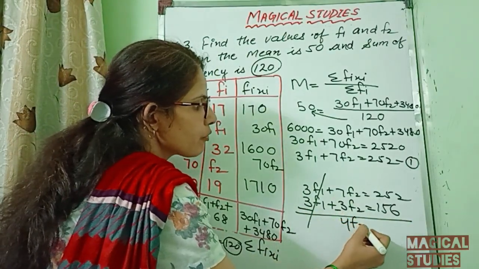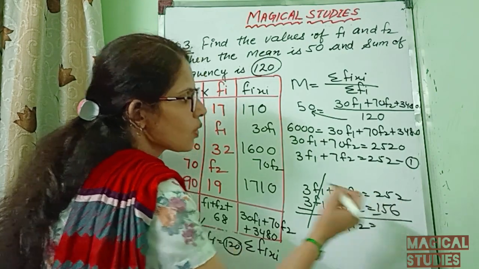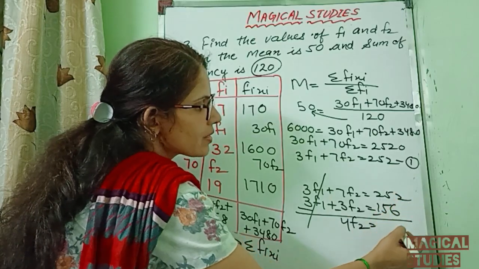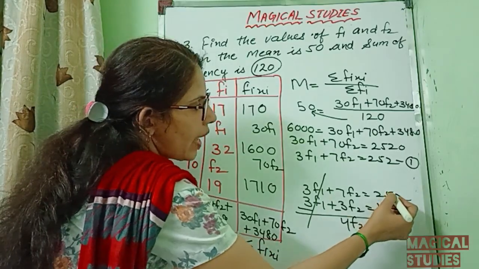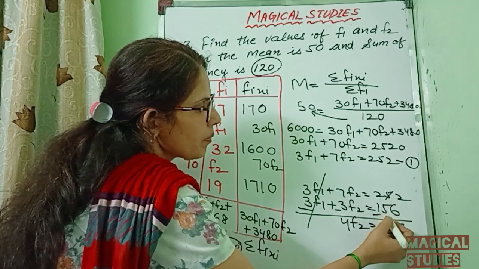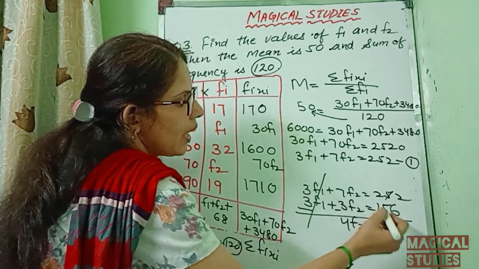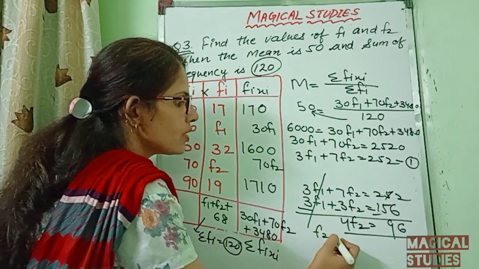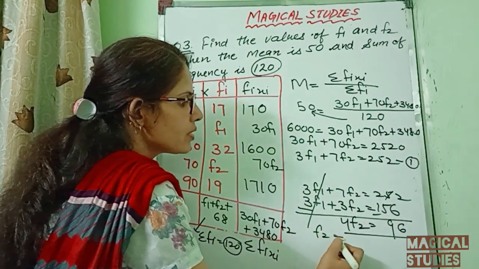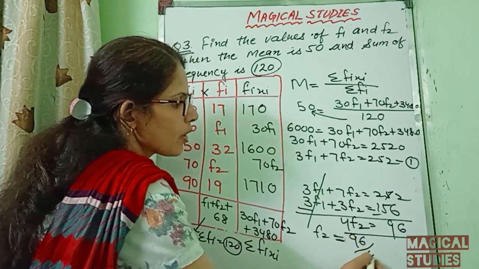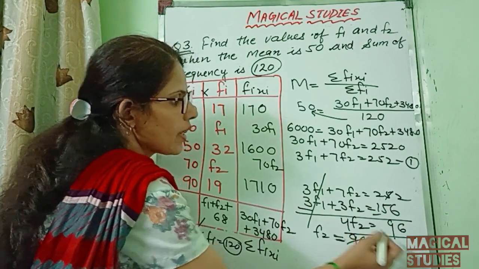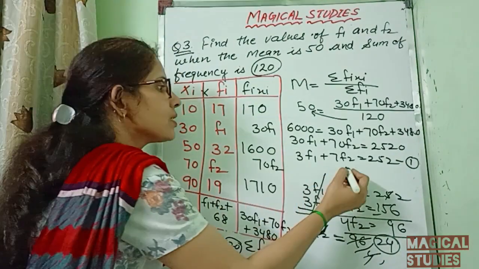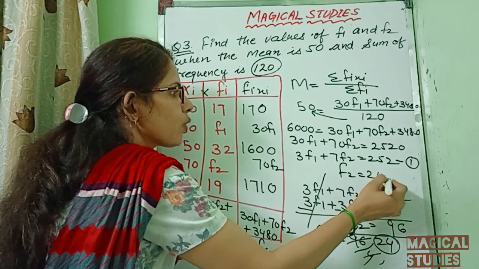You will get 4f2 is equal to 96. Divide and you will get f2 is equal to 96 by 4, which is 24.